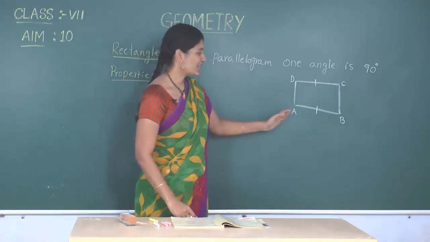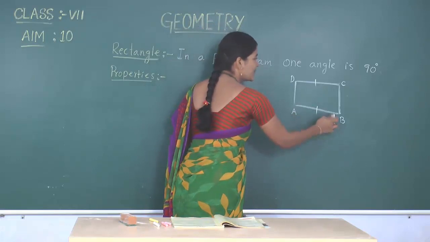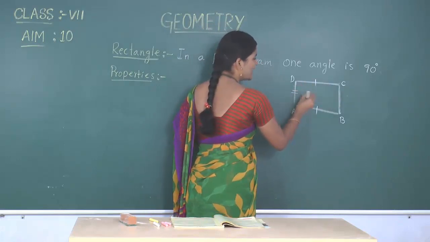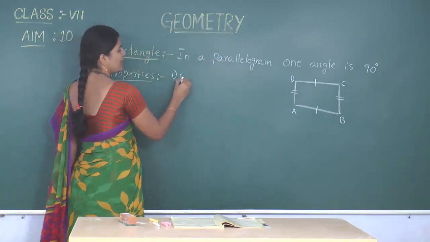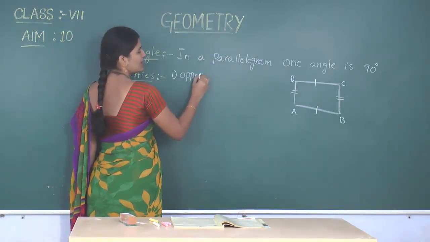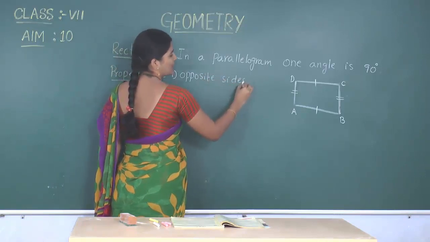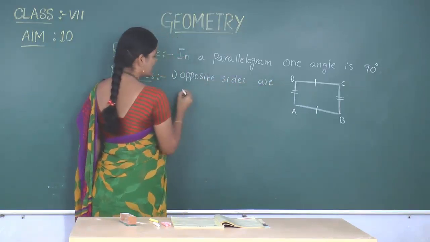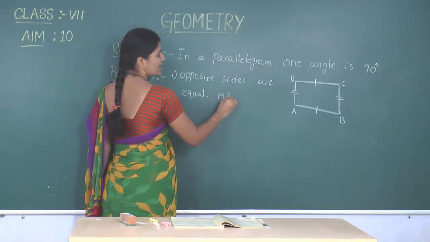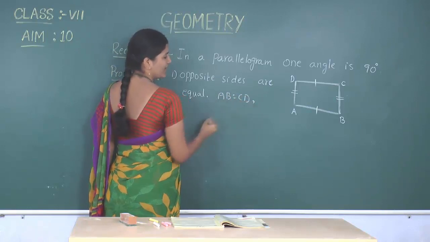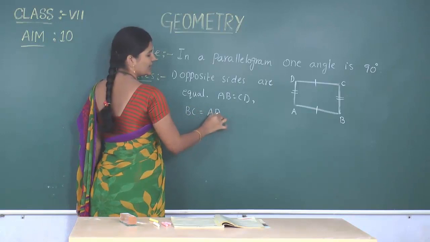So here also opposite sides are equal, which means AB is equal to CD and AD is equal to BC. First one, opposite sides are equal. They are AB is equal to CD and BC is equal to AD.